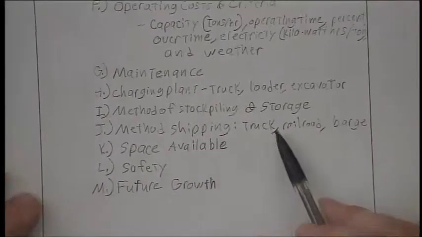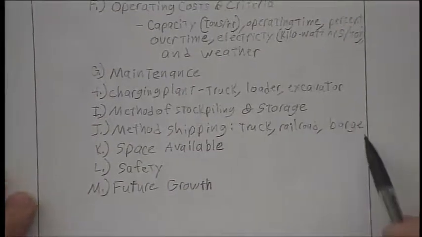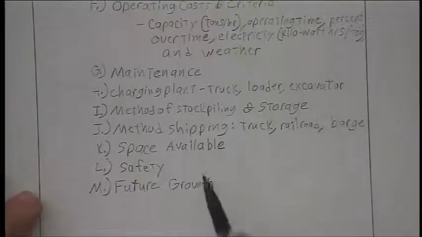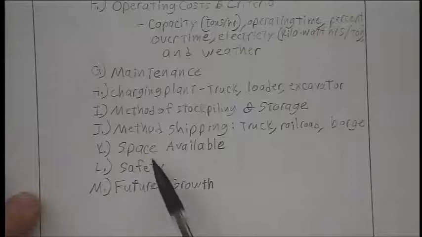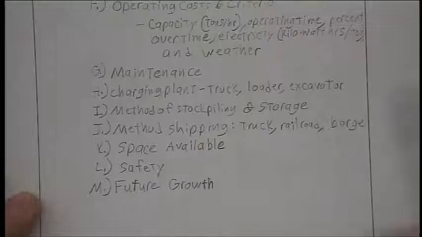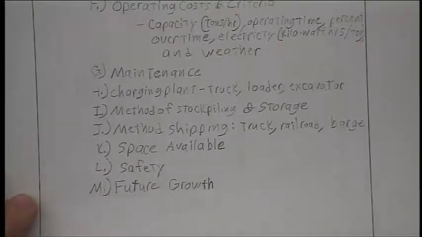Are you shipping it on a truck? A rail? A barge? There are many different ways to do it, and it's important when you start setting up your quarry to understand where everything's at. It's also important to understand how much available space you have to spread out, and you also have to look at your future growth. And then safety is always a huge concern.